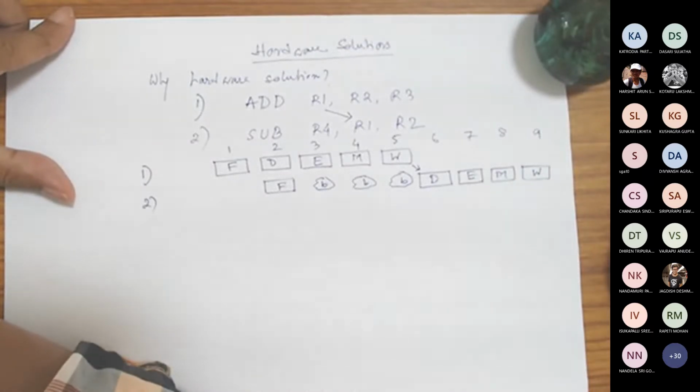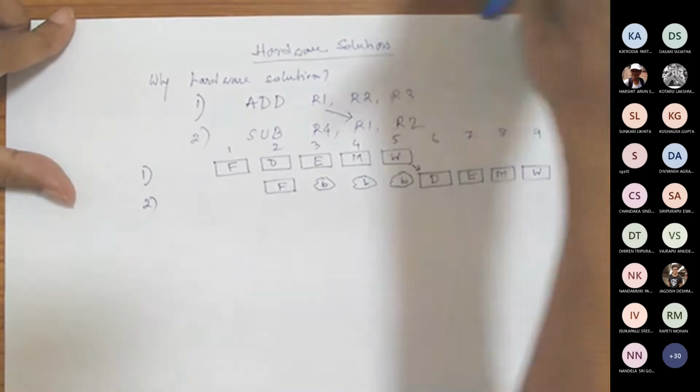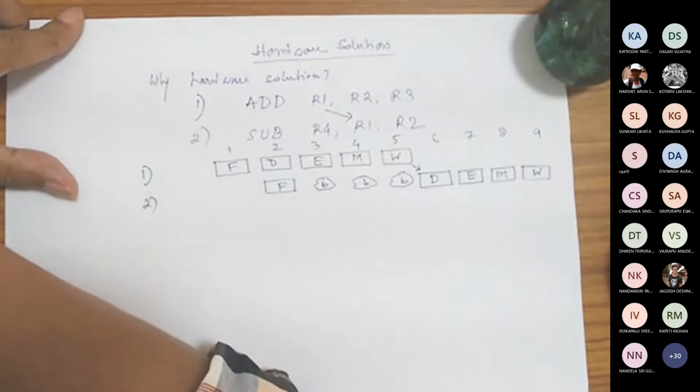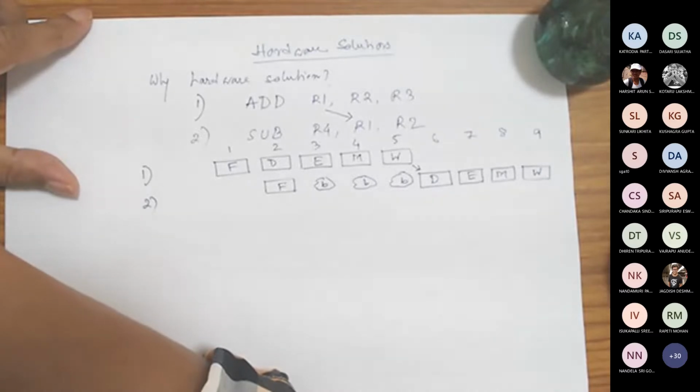What we are suggesting is, can we collect the input for the next instruction even before it is written back? So when does instruction 2 need the value of R1?